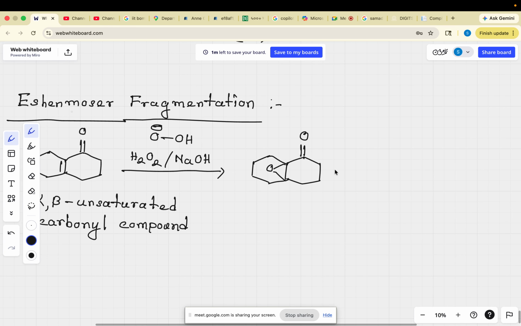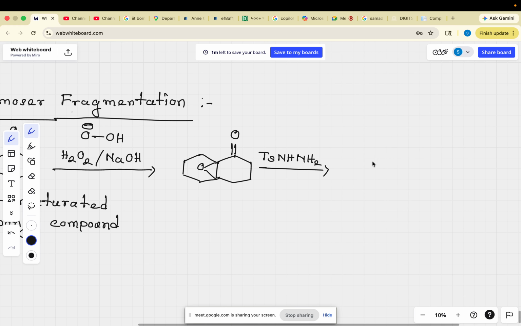Next, what are they giving? Next, they are using this reagent, tosyl hydrazine. What will happen in presence of tosyl hydrazine? Water will be released, right? So release water, then check what you are getting. Oxygen from here, H2 from here, no need to change anything.